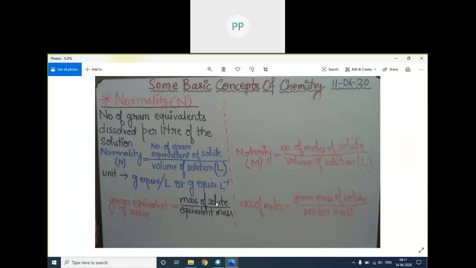So normality is similar to molarity. The only difference is we express normality as the number of gram equivalents and molarity as the number of moles, both per liter of solution. So note that the number of moles is calculated as given mass by molar mass, and gram equivalent as given mass of solute by equivalent mass.